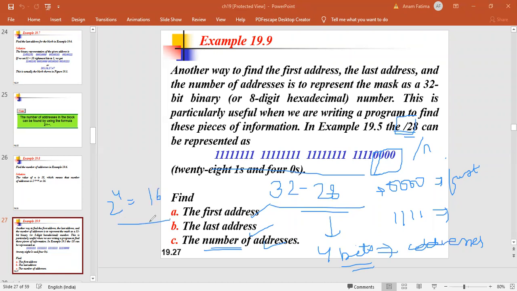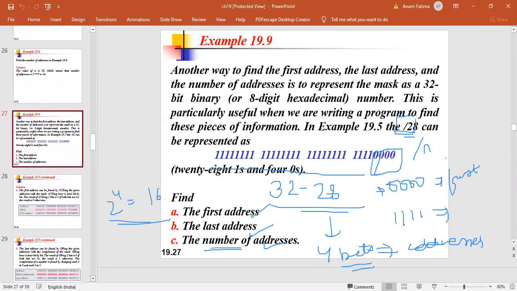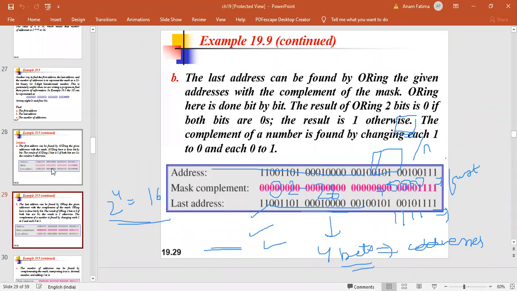The number of addresses within this block is going to be 16, so these many hosts you can have within this block. So if you're given an IP address and its mask, we can find the first address, the last address, and the number of addresses within this block.